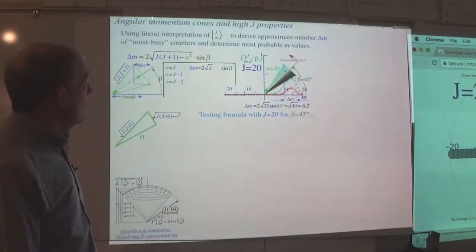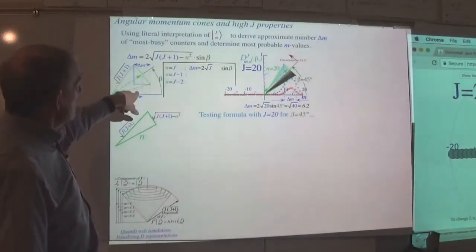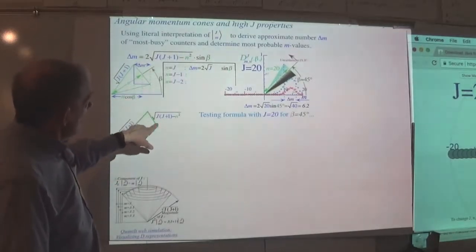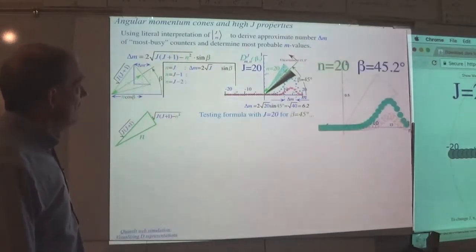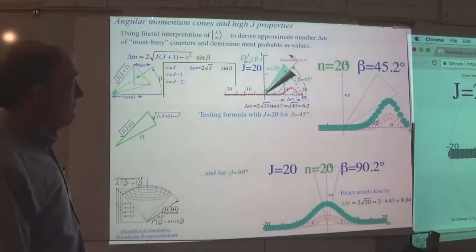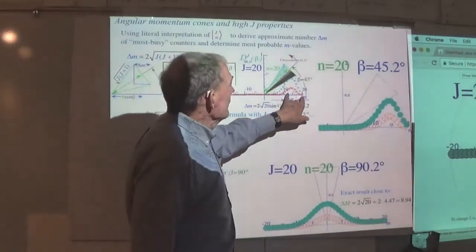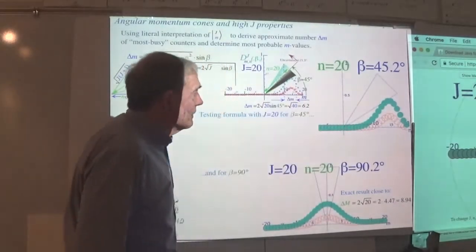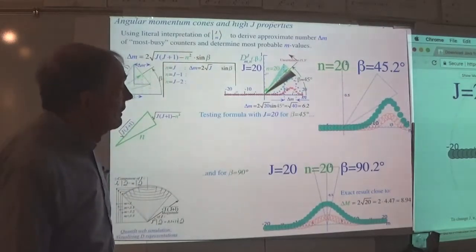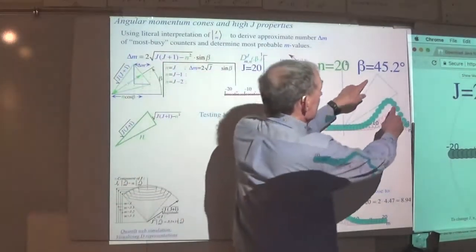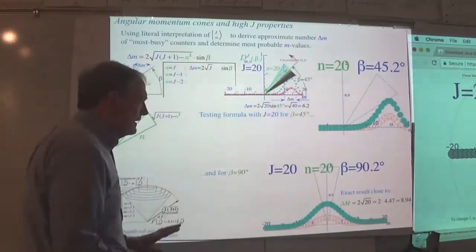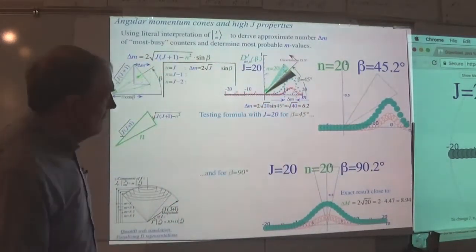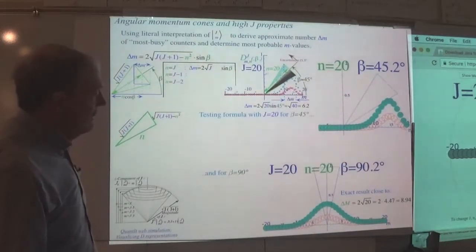You can just go ahead and do some trigonometry with the cones, figure out how big this thing is, and then see what its projection is. If you do that, you get a pretty good answer for the width, the delta M, the uncertainty width, where those two lines connect. Talking about these two classical turning points, if you will. But this is all quantum mechanics. There's nothing classical here.